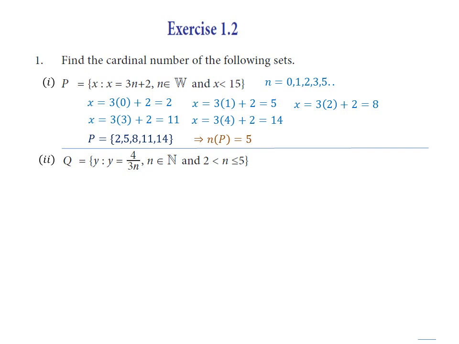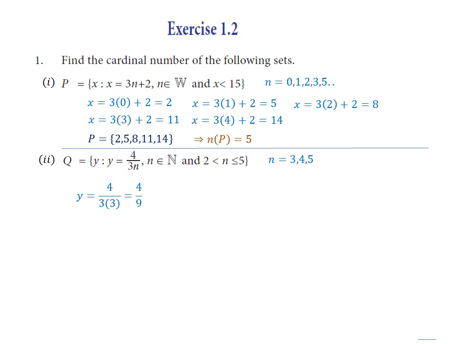It starts from 1, 2, 3. So, n values lie between 2 and 5. We should not take 2 because n value is greater than 2. You should take 5 also because they given less than or equal to 5. So, I am going to take 3, 4, 5 for n.